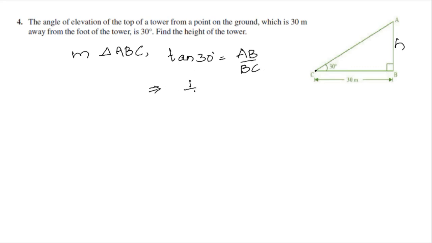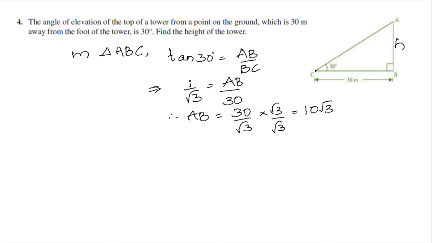Tan 30 degree is 1 upon root 3. AB we need to find, divided by the length of BC is 30 meters. Therefore, AB will be 30 upon root 3. I can multiply and divide by root 3 so that I get it as 10 times root 3 meters.